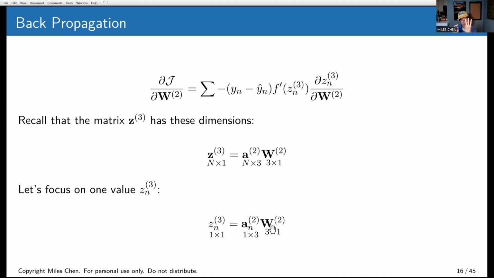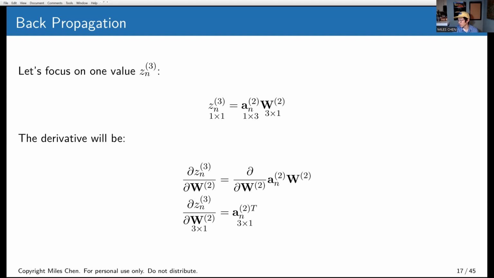You have 3 in that row and 3 in the column, and we multiply them and add them up together, and that gives us our single value, Z sub n. So what is the derivative or the gradient of Z sub n with respect to W2?